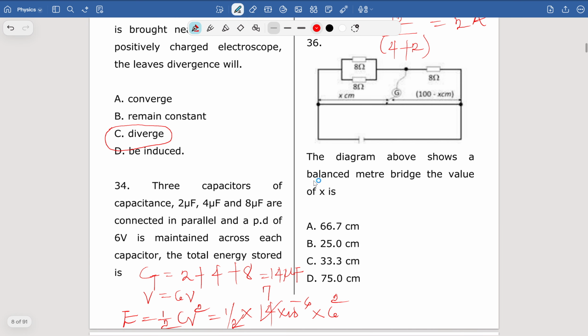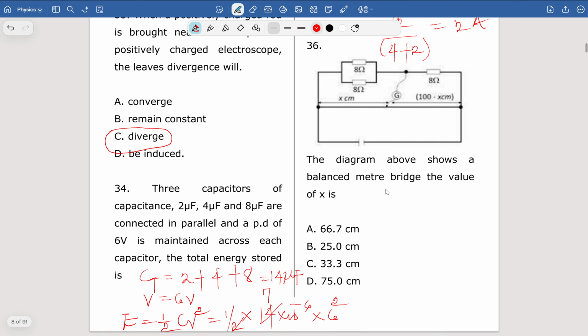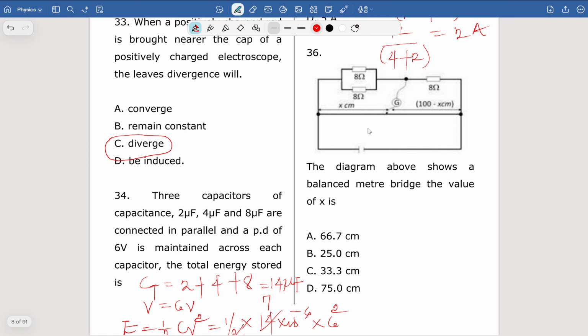36. The diagram above shows the balanced meter bridge. The value of X is, so this is a meter bridge where the resistance corresponds to the length at which you place the jockey.